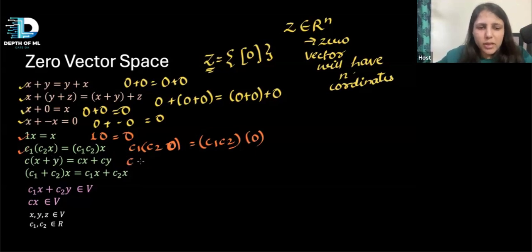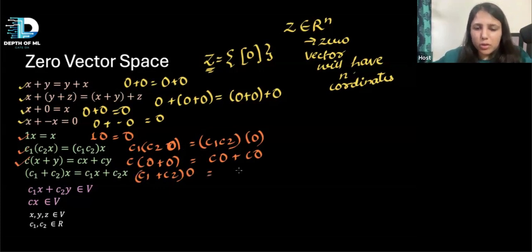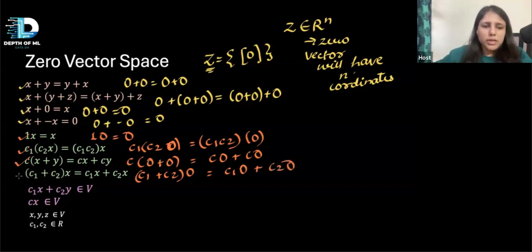Now, if I have a scalar and I am multiplying it to the sum of two vectors from this space, the only vector I have here is 0. So I will multiply it with 0 plus 0, and then I can multiply individually with 0 plus 0 and I will get the same vector, which is 0. So this distributive law is also satisfied. Similarly, I can take two scalars and multiply them with 0, and I will get the zero vector, when I multiply the scalars individually with the zero vector and add them. So this is also satisfied, right? So all the additive properties are satisfied, all the multiplicative properties are satisfied.